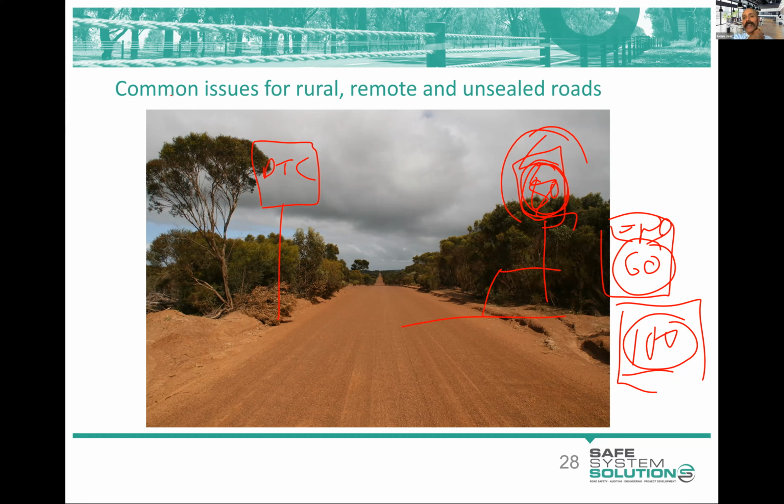So it's a very good way to operate if we can do it. But at the moment, we have so many challenges with the speed limiting and management of speed, and as we saw in Tasmania with that initiative, the political interventions and the like, they got the unsealed roads at least to 80, so they don't need to sign it in the way that the rest of Australia does.